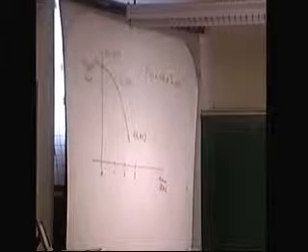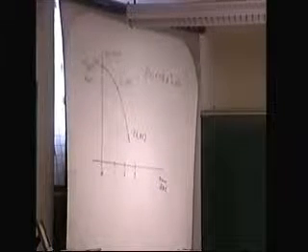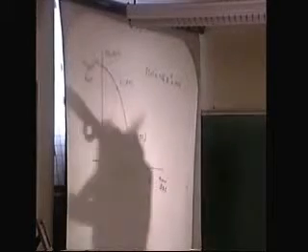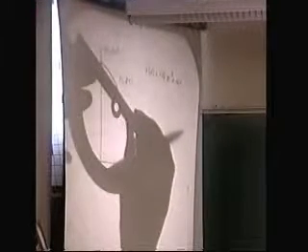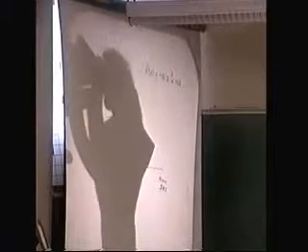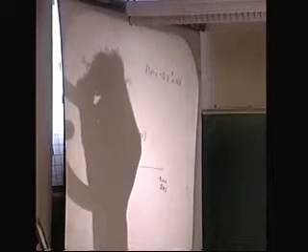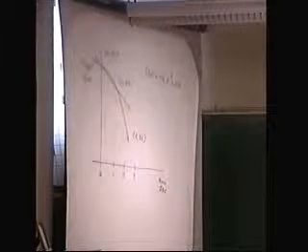What I'm interested in right now is I'd like you to find the slope of the line between the first 2 points. So I'd like you to find the slope of this line right here. And the slope between the first 2 points.